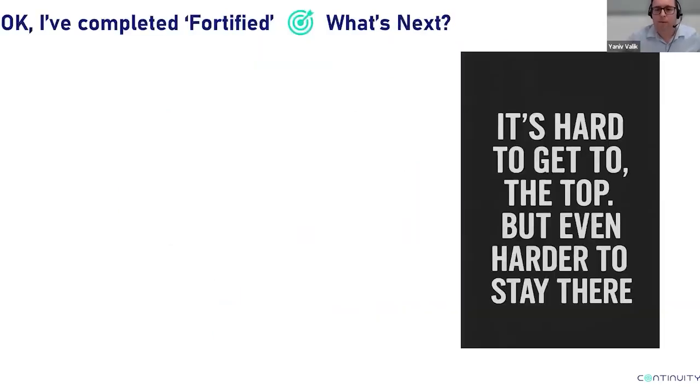Now, let's say you went through the tiered baseline and you've hit your target tier, which may very well be the fortified baseline. What comes next? Well, the hard part is actually staying on top. Configurations change constantly, and over time, your actual state drifts from the baseline, and there are deviations.